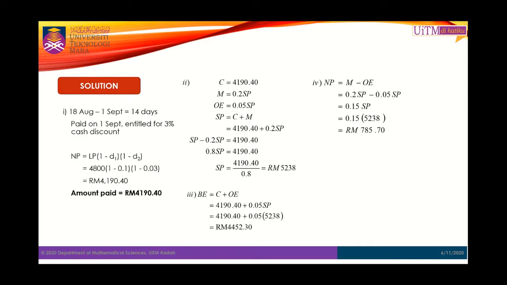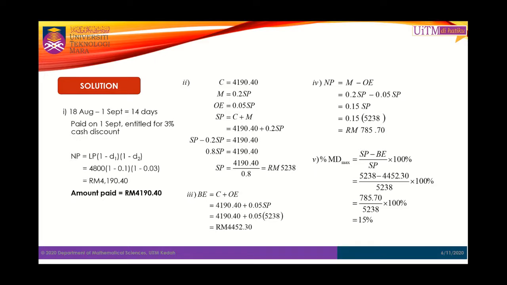you get the net profit to be equal to 785.70. All right. So the last part of this question asks you to find the maximum markdown percent. To find it, first you need to find the maximum markdown value, which can be found by taking the difference between the selling price and the break-even price.